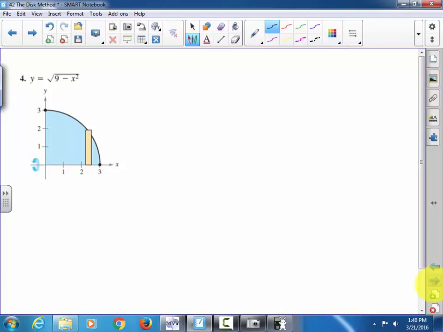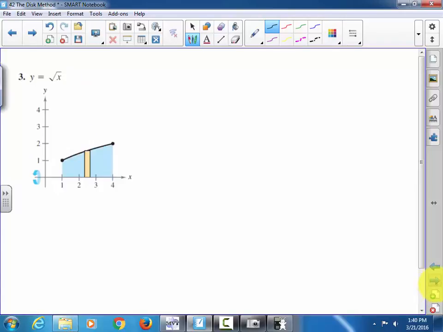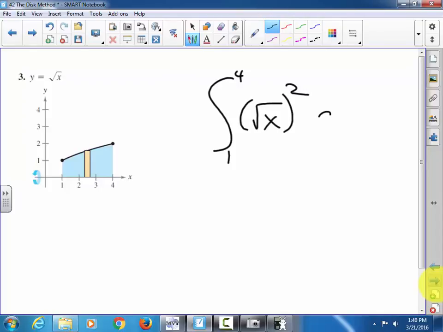All right. Any complications with what I'm doing here? Is there anything I can do to make it more complicated right now? What would our limits of integration on number 3 be? 1 to 4, because that's what the shaded region is every time, okay? This is square root of x, squared, dx, pi.